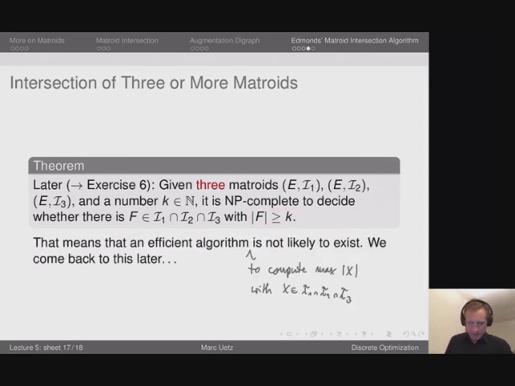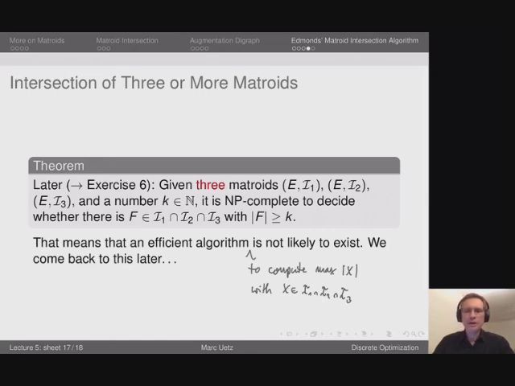That means that it is very unlikely that we have an efficient algorithm that can compute maximum independent sets simultaneously in 3 matroids. We will definitely come back to that later, but that's an interesting observation, because it says that the complication of the combinatorial structure for the intersection of 2 matroids can always be solved in polynomial time as long as this independence check can be done in polynomial time.